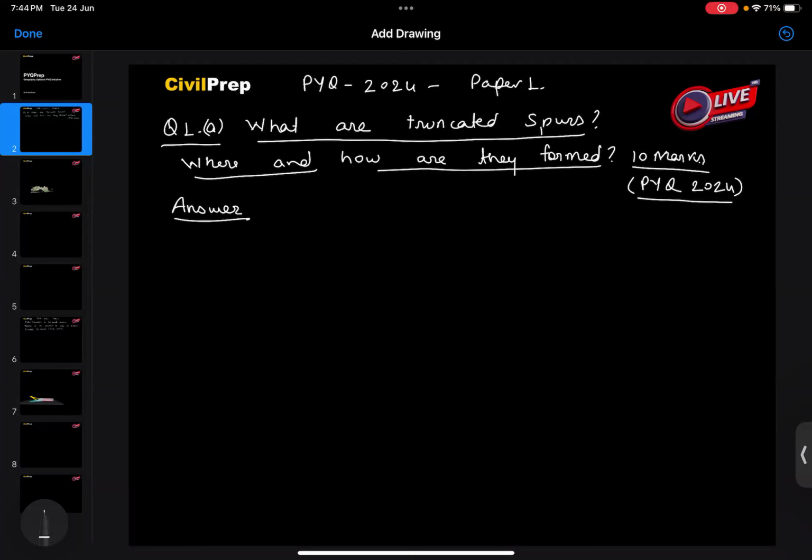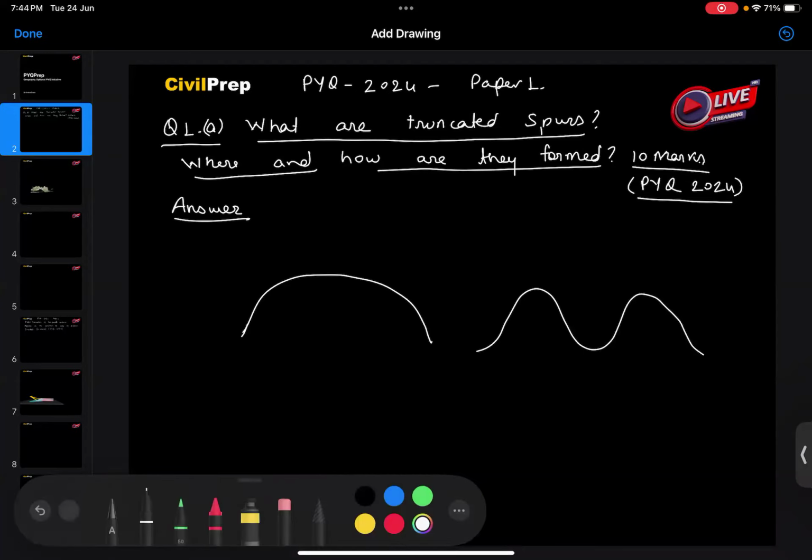It is basically a steep, cliff-like edge of interlocking spurs that have been sharply cut off by the erosive action of valley glaciers. For example, if we have this as a mountain range, after a certain point of time erosion will occur because of the glaciers present here.